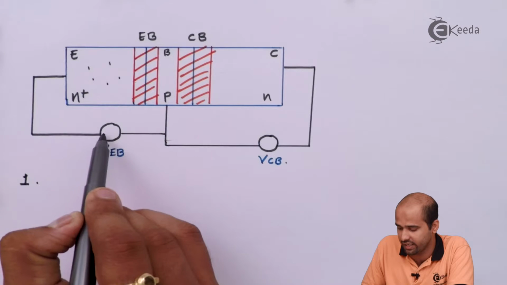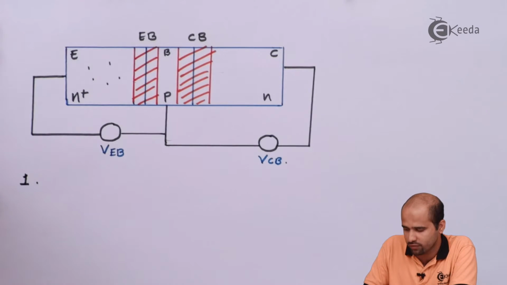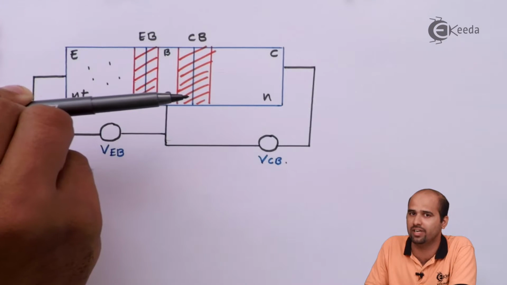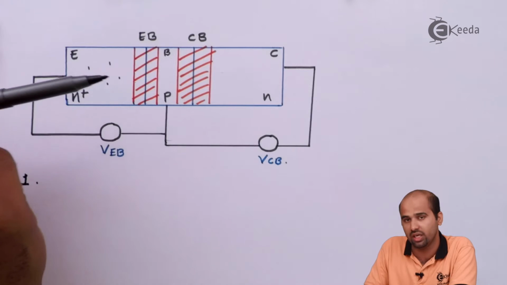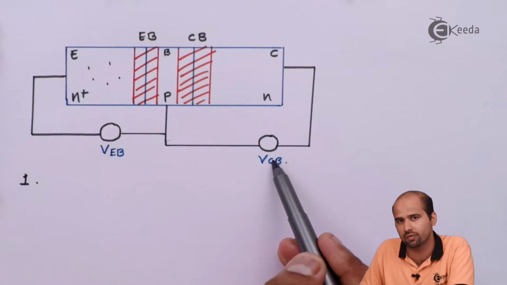If we apply a negative supply towards the emitter side, only then will electrons move towards the base region and recombination will happen. Now if we apply the same potential to VCB, then what will happen?